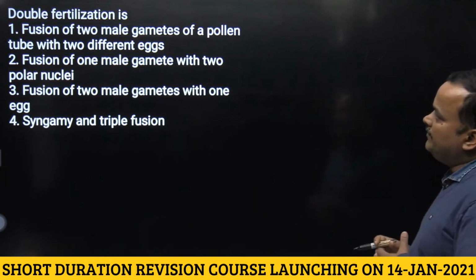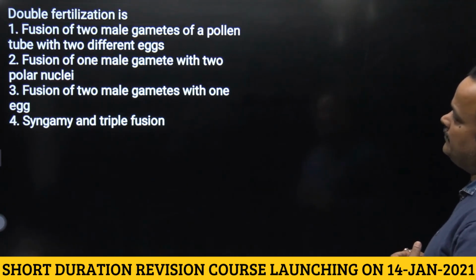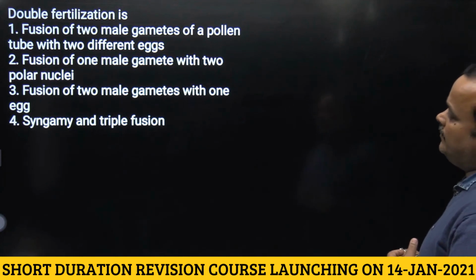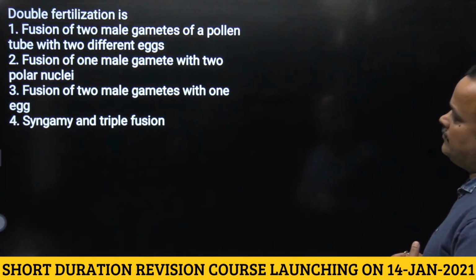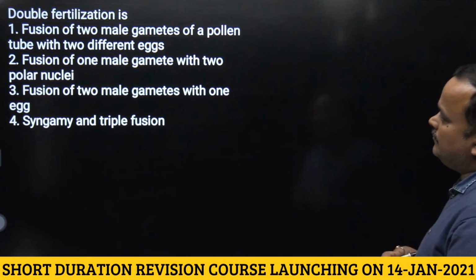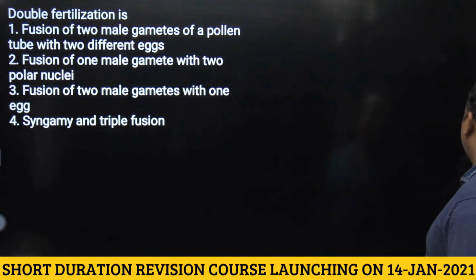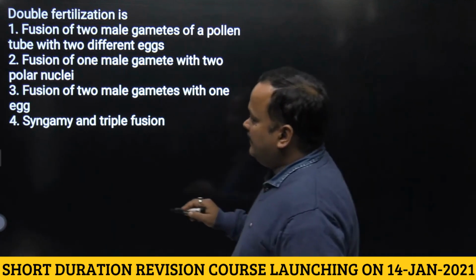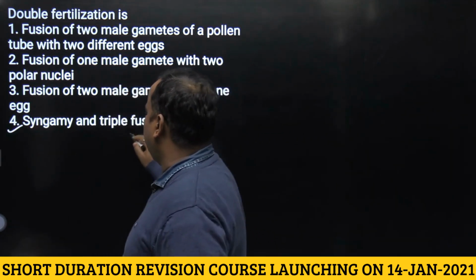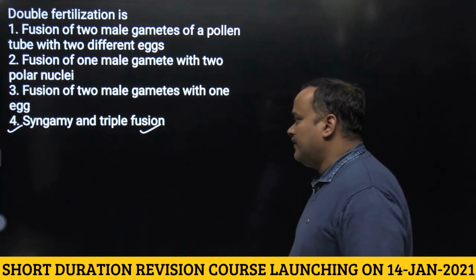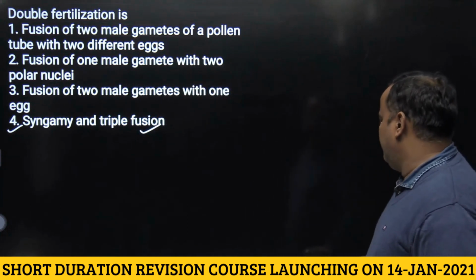That is fusion of two male gametes of a pollen tube with two different eggs. No. Fusion of one male gamete with two polar nuclei. Not true. Fusion of two male gametes with one egg. Syngamy and triple fusion. So correct answer will be fourth. That is syngamy, formation of zygote, and triple fusion, formation of primary endosperm nucleus.